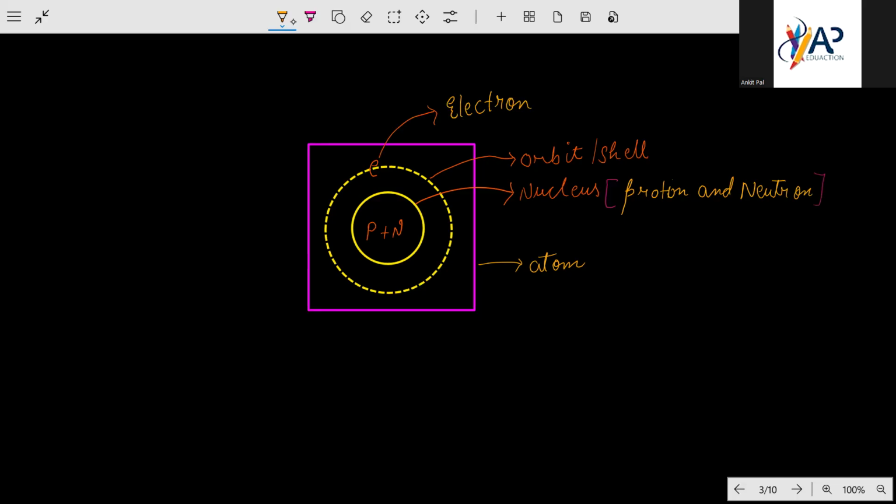Now we know that a proton has positive charge, an electron has negative charge, right? Can you tell me which force is exerted between proton and electron?